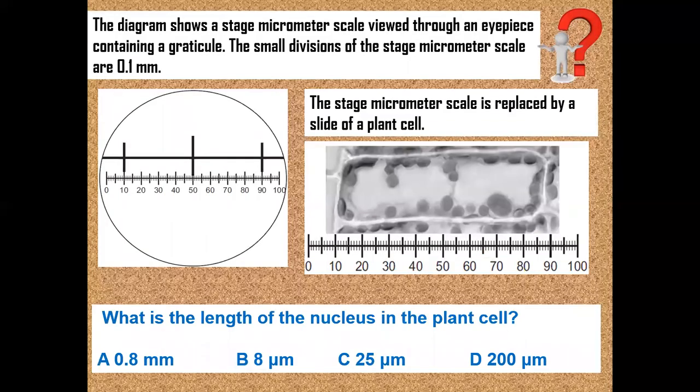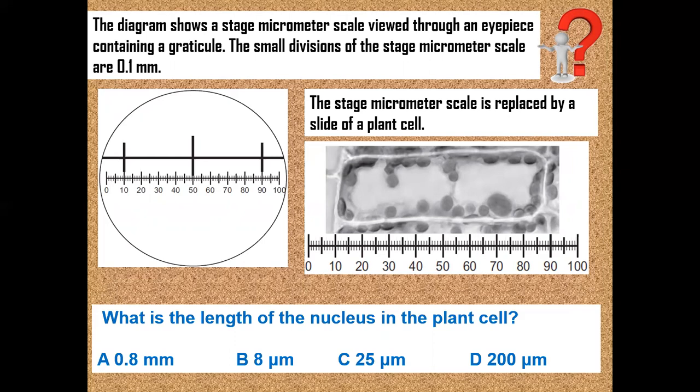In this question, in a similar way, the examiner has given us one stage micrometer and one eyepiece reticule. The diagram shows a stage micrometer scale viewed through the eyepiece containing a reticule. The small divisions of this stage micrometer scale are 0.1 millimeter. With the help of the stage micrometer, first we shall measure the smallest unit of the eyepiece reticule. Then with the eyepiece reticule, we shall measure the width of the nucleus in the plant cell.